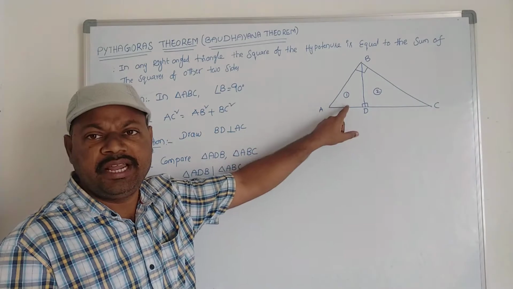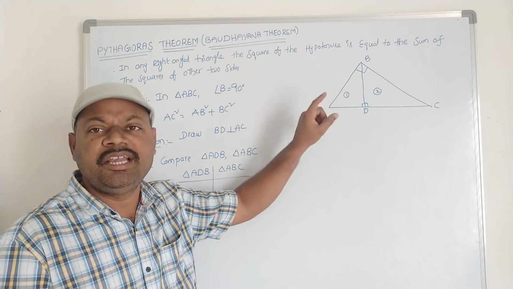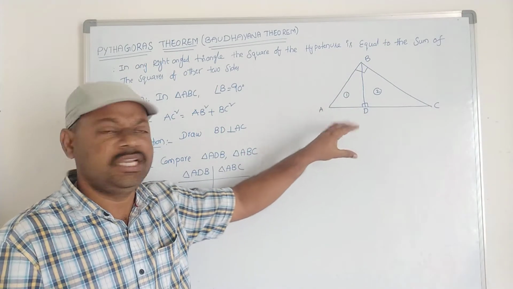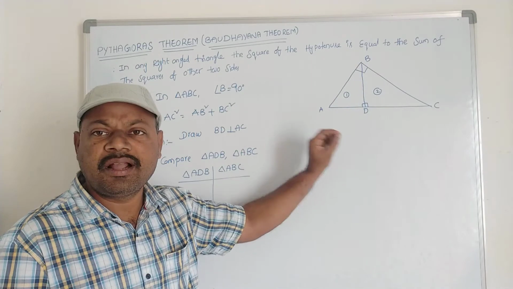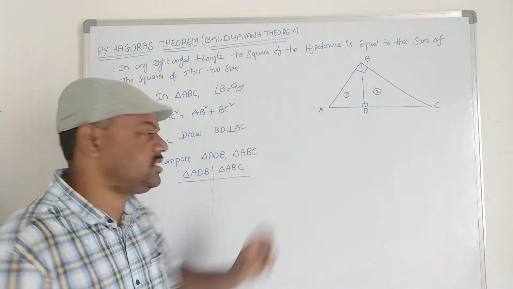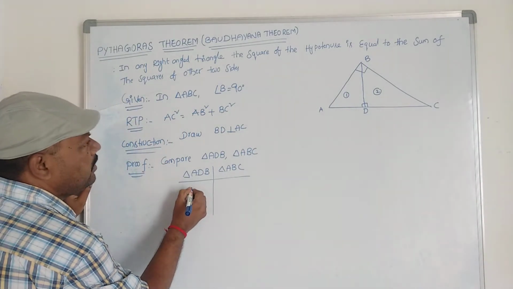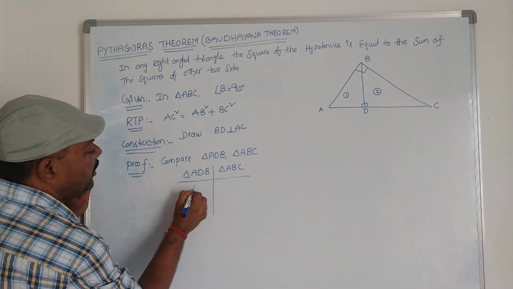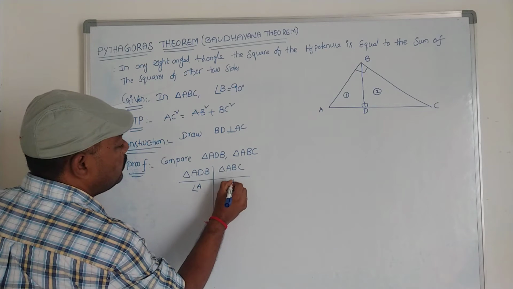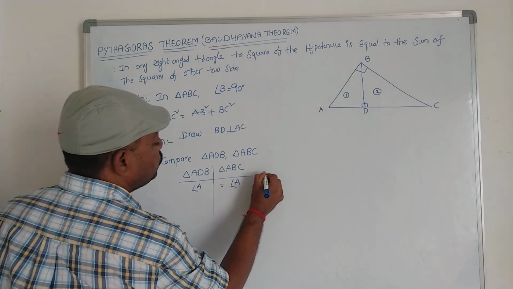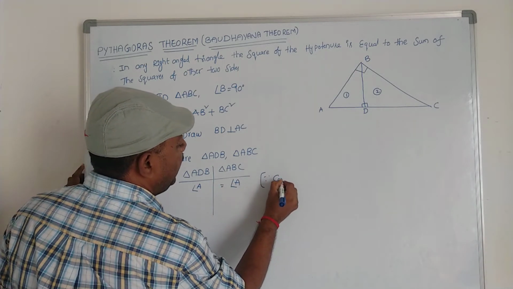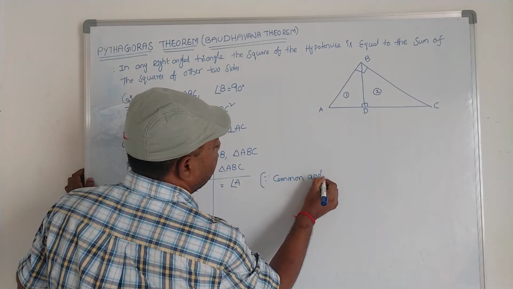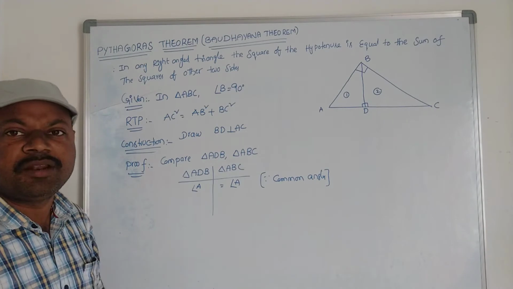So angle A in the small triangle equals angle A in the whole triangle. Since they are common angles of both triangles, the common angles are equal.